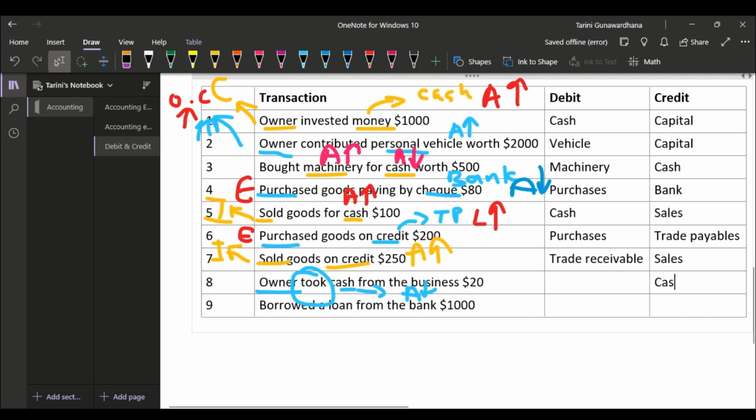The asset account is cash. Now, owner taking money or inventory for his use is considered as drawings. Drawings is a debit. So drawings come here.